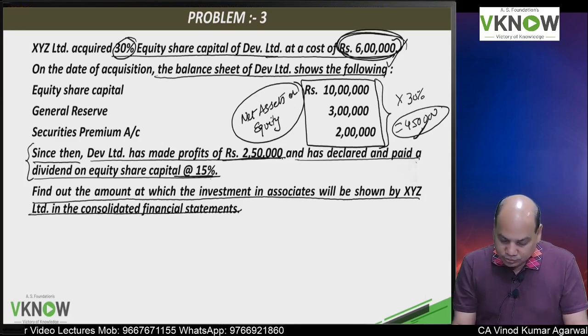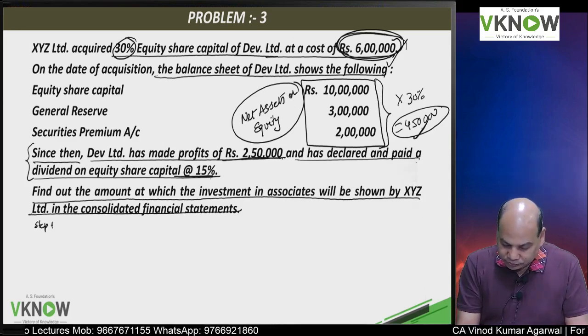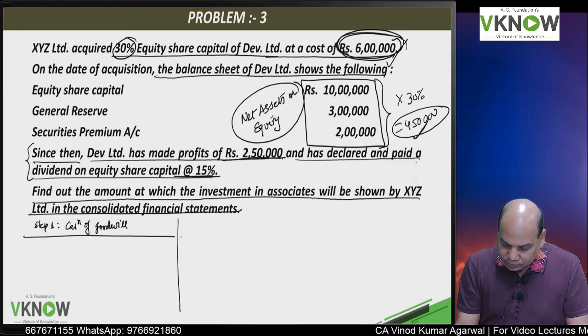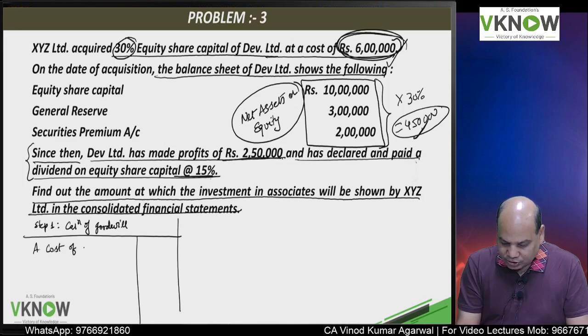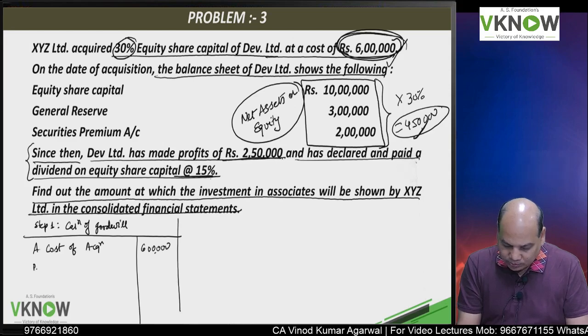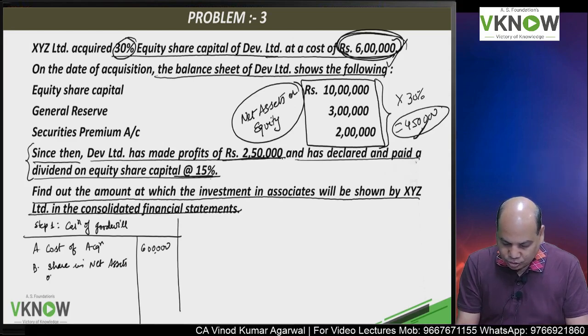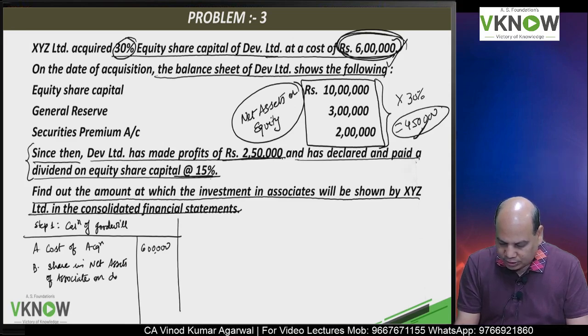So here, the first step will be calculation of goodwill, and for that we simply write point A, cost of acquisition, which is 6 lakh, and point B, share in net assets of associate on date of acquisition.